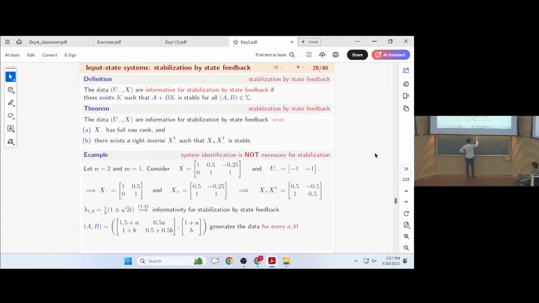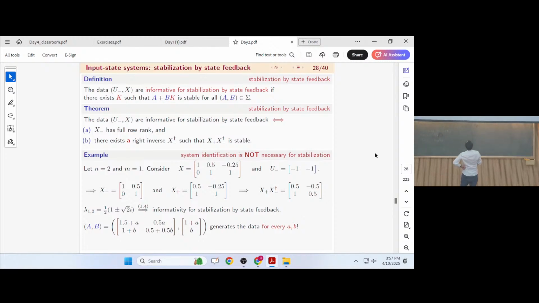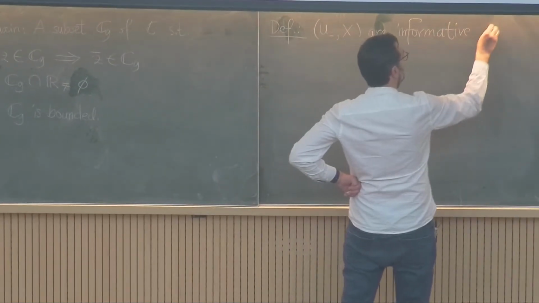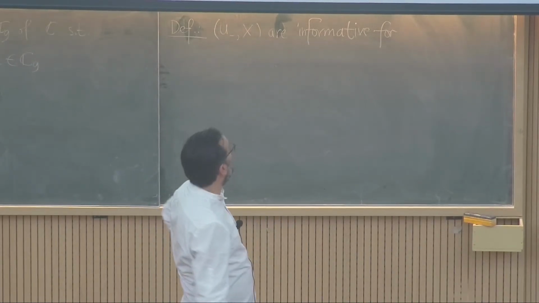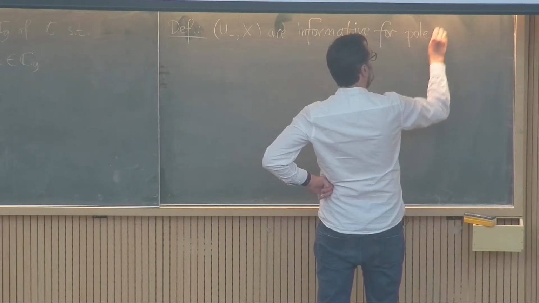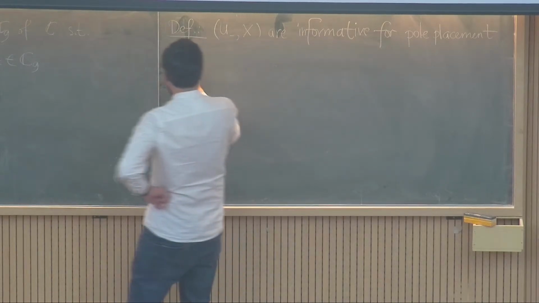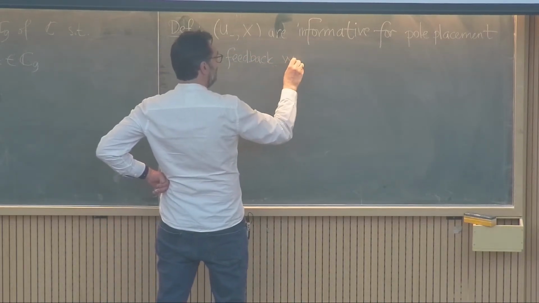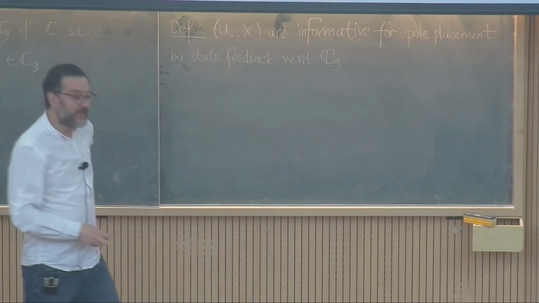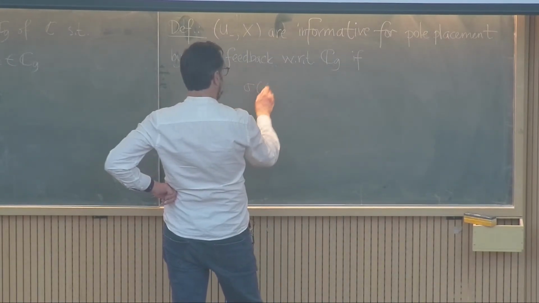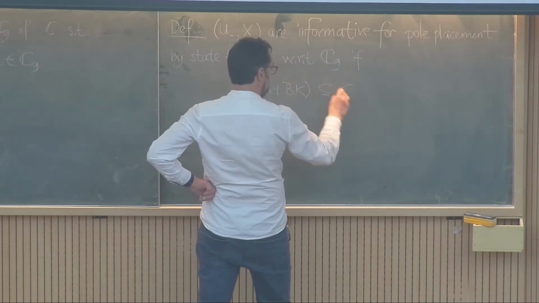So now the definition is that (U, X), U minus X, are informative for, how shall I call it, pole placement, for pole placement by state feedback with respect to CG if the rest is the same, but instead of stable, I'm going to write the spectrum of A plus BK is contained in CG.